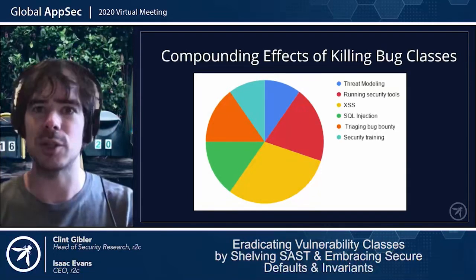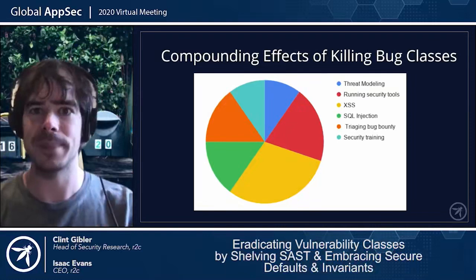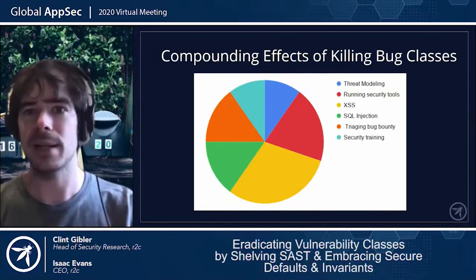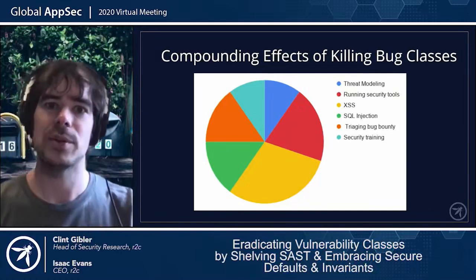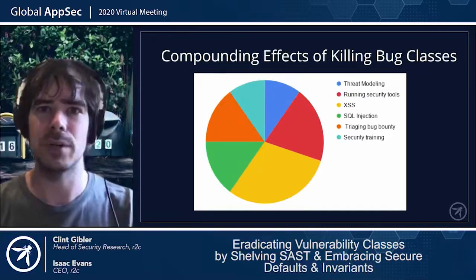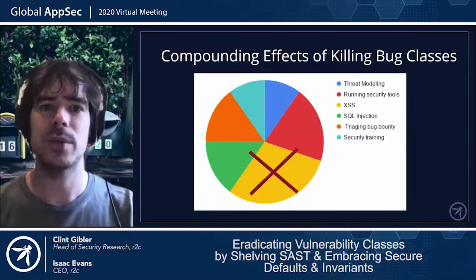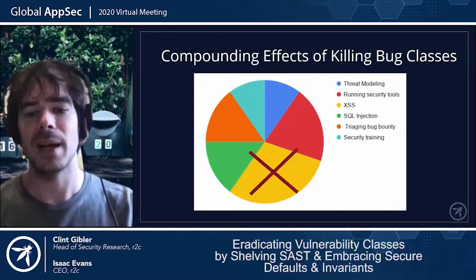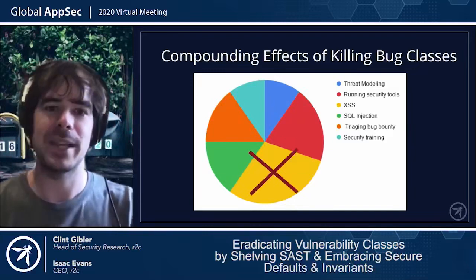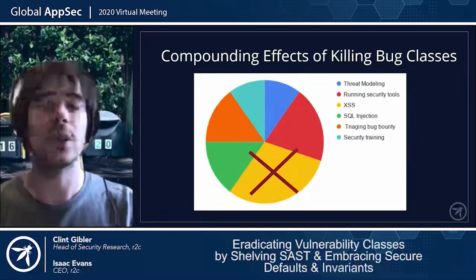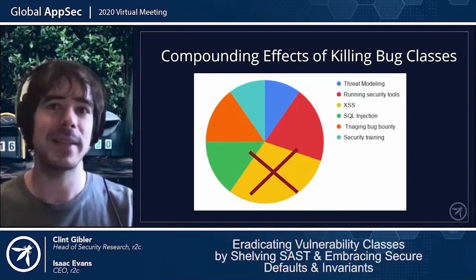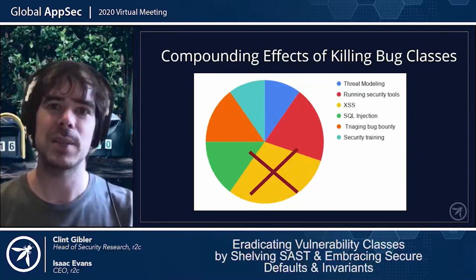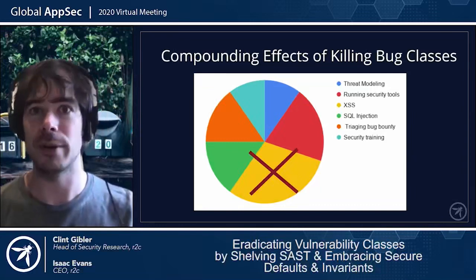Let's say, for example, you are part of an AppSec team and you do a time audit to try to figure out, okay, where do we spend our time? And let's say this is a hypothetical example. You're like, okay, well, we spend a fair amount of time on cross-site scripting. We also do threat modeling and training and so forth. So let's say you were able to work with the engineering team and port everything to React or do other secure by default mechanisms to essentially kill cross-site scripting. Maybe it still happens every once in a while, but you essentially have to spend little ongoing recurring time on it.